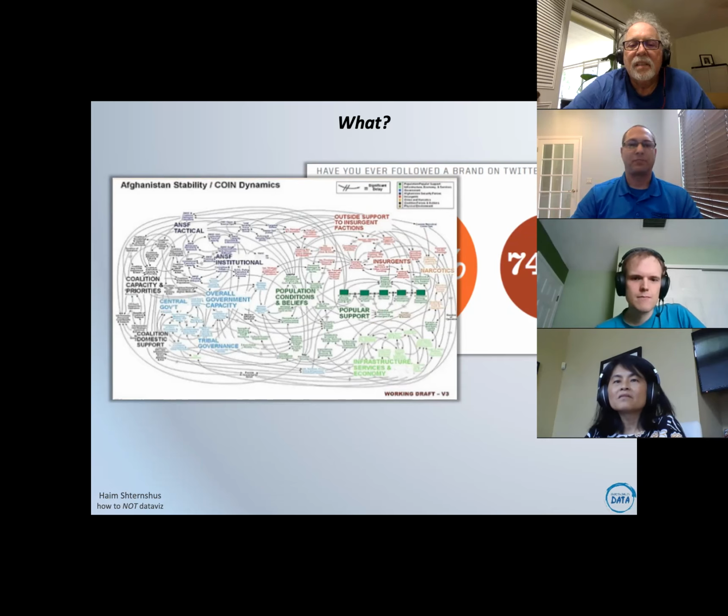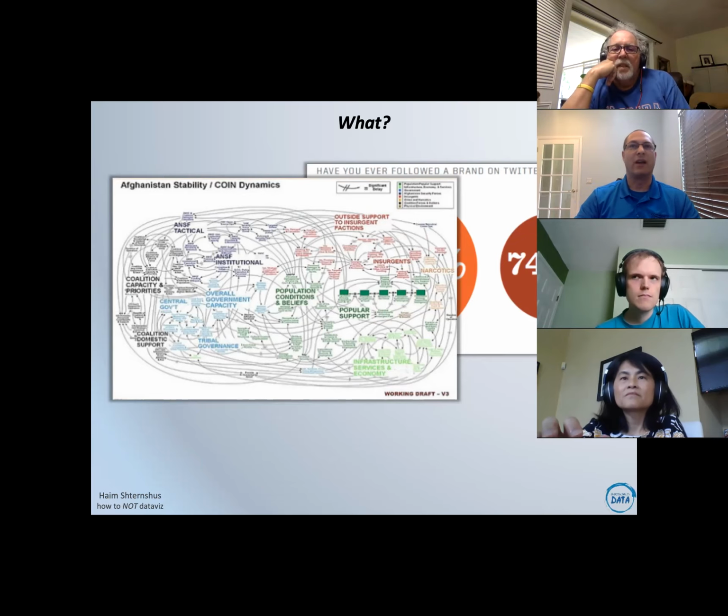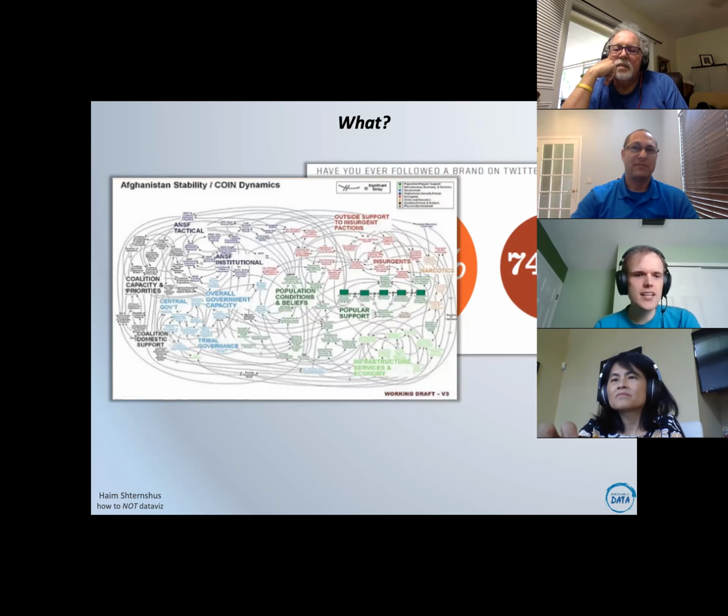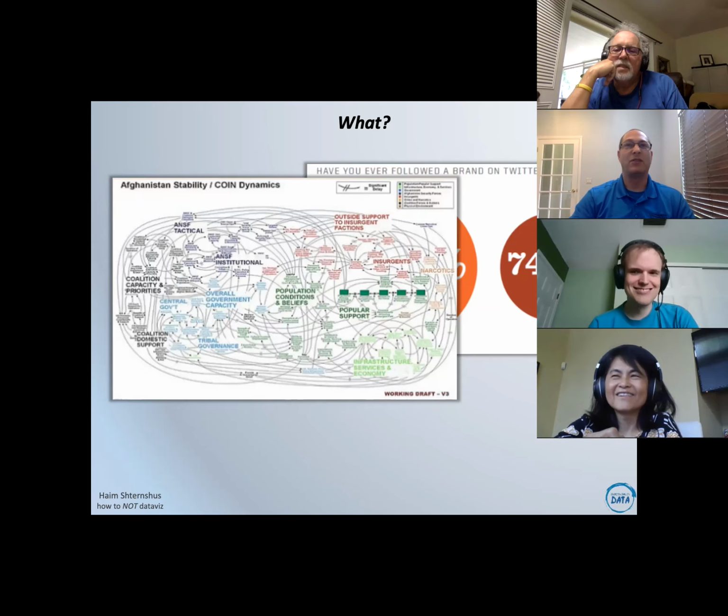But again, think about your end user whenever you create a data visualization. Try to help them, try to make their lives easier. Well, it certainly doesn't help make a really complicated situation any easier to understand. Yeah, all it illustrates is that it's really, really complicated. Yeah, and maybe that's what they wanted to do, who knows?